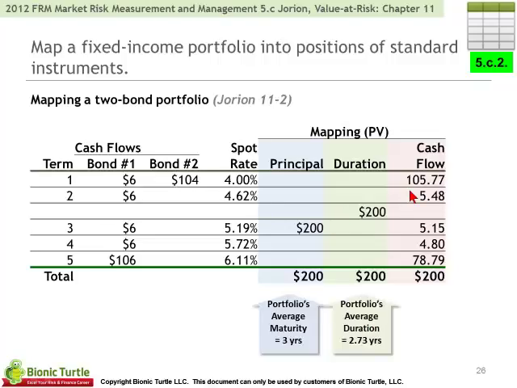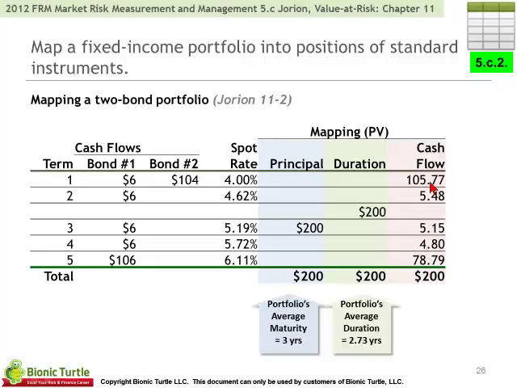And then finally, improving on both of the single factor measures to the most sophisticated, we map the present value of the portfolio's cash flows to each of these cash flow vertices, the set of vertices. And so now we're saying that the portfolio value responds to each of the spot rates in the term structure.